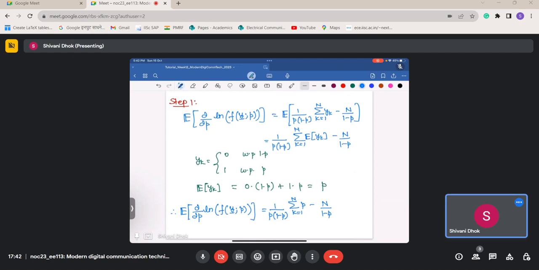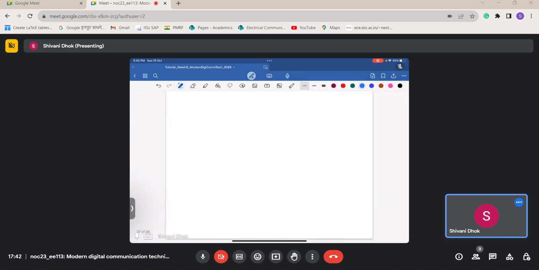Now here again this P is constant, so this summation k running from 1 to capital N P is simply N times P. So this is equal to N times P upon P into 1 minus P minus N upon 1 minus P. So this gets cancelled.